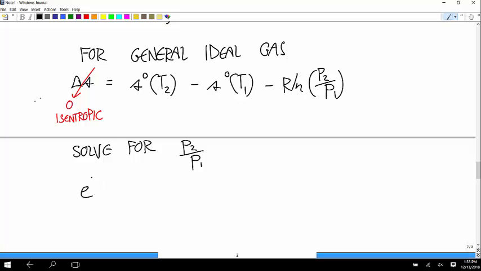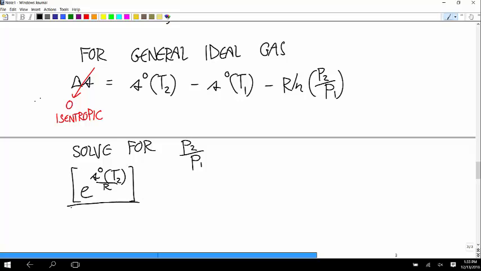You get e to the power of S0 at T2 over R, and then all of that ugly thing, over e to the power of S0 of T1 over R, is equal to, on the other side, e to the power of natural log of whatever, those cancel out and you just get P2 over P1.